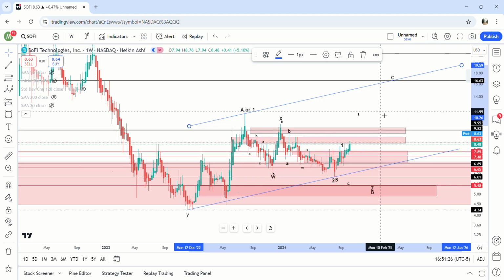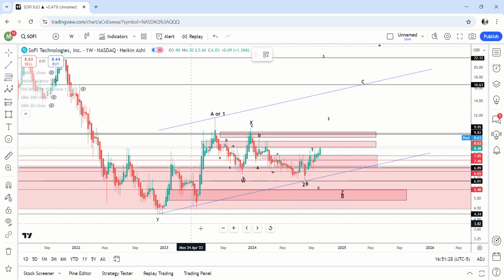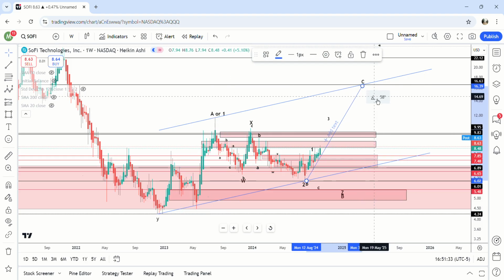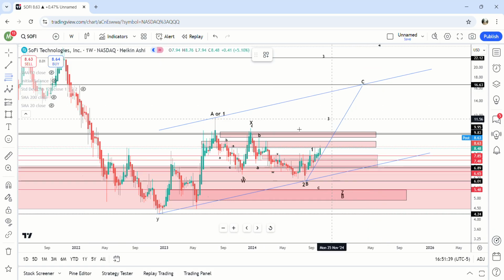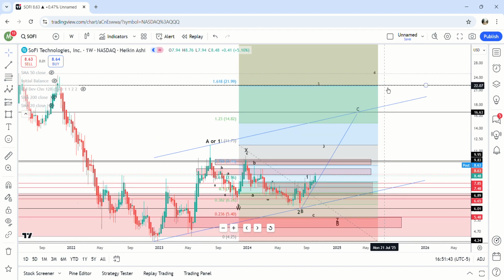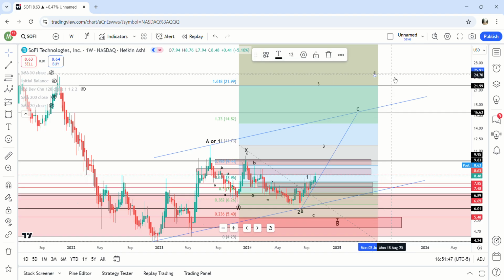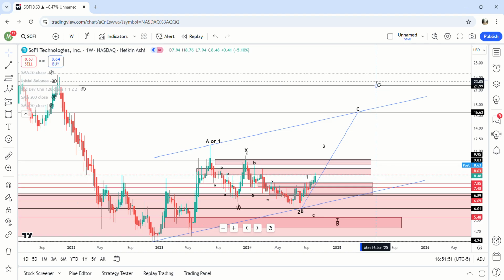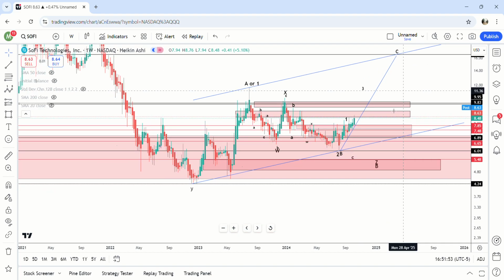If this is going to be a C wave, then I would be looking for a minimum of 1670. If it's a third wave, I'd be looking for a minimum of 22 bucks. So I already have 3 up here. Those are the 2 possibilities right there, C or 3.